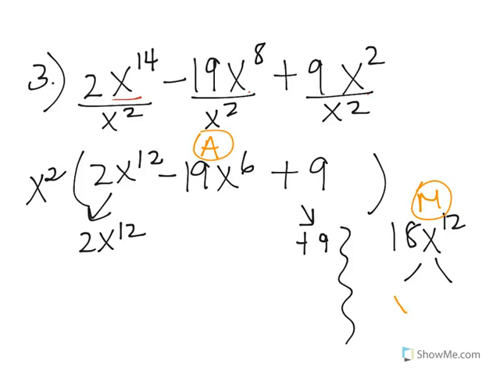So first, we break it up, x to the 6th, x to the 6th. So what multiplies to be 18 but adds to be negative 19? So that would be negative 18 and negative 1. So those two terms are going to go in the center here.